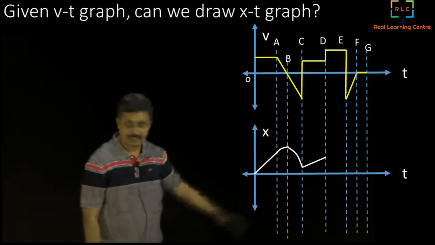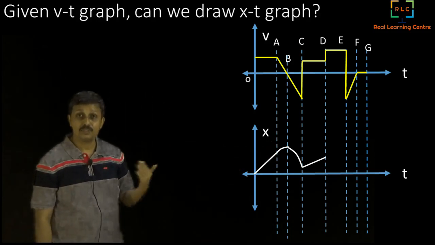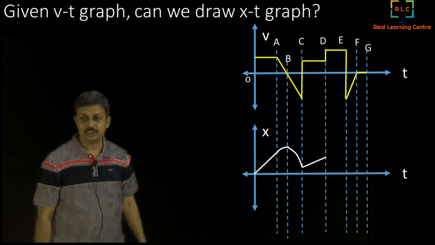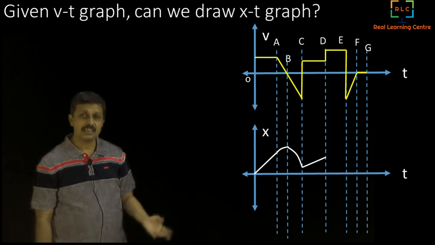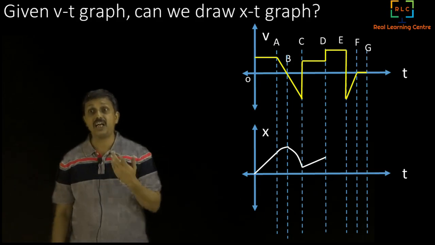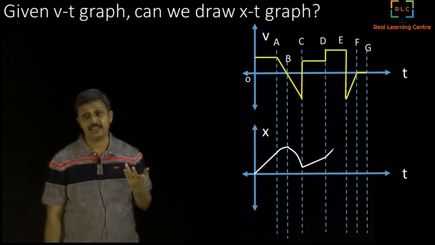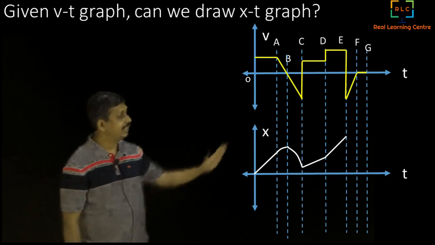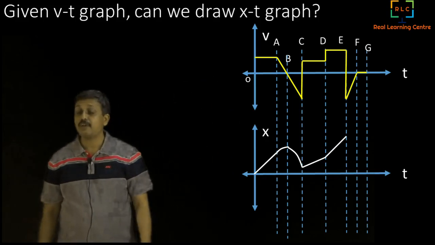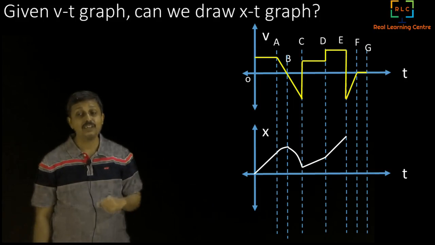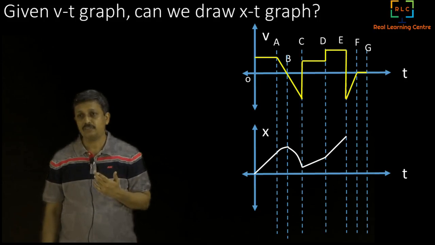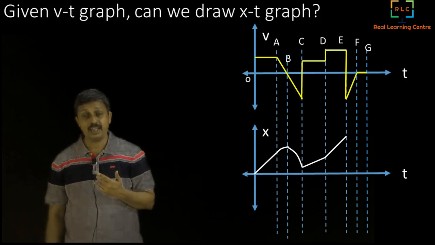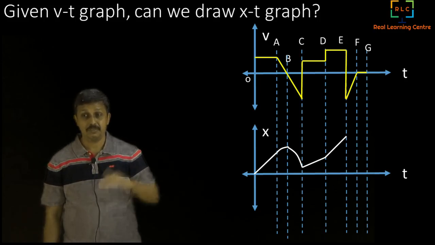This one is continuously moving in the positive direction, because positive slope means it is moving in the positive direction. Now from D to E, it is again moving in the same direction but with a higher velocity, meaning the slope is higher from D to E. From E to F, at E itself the velocity suddenly became negative, which means it starts coming down.